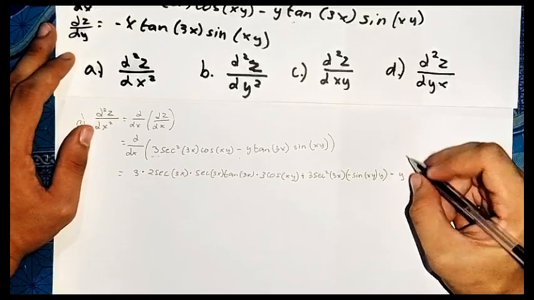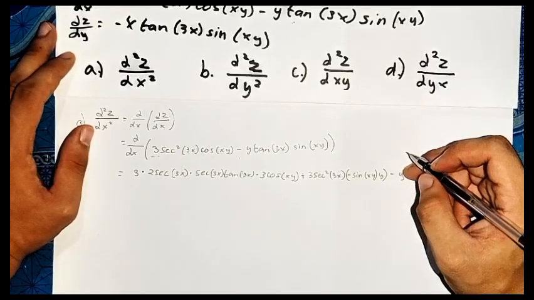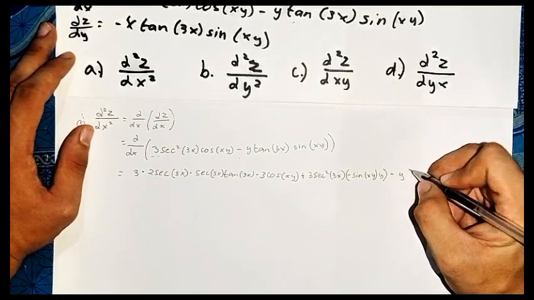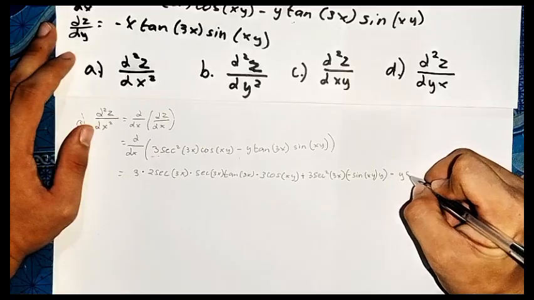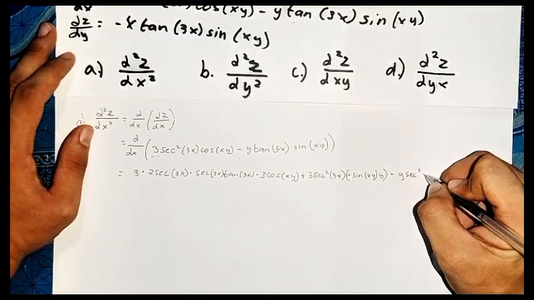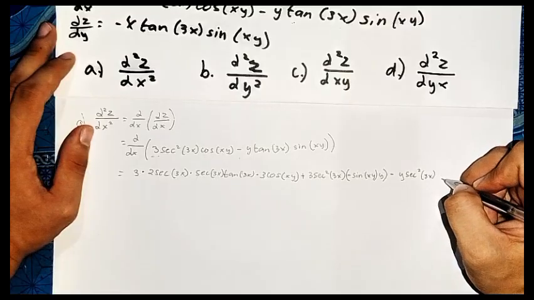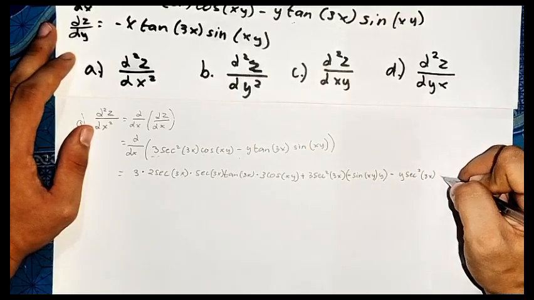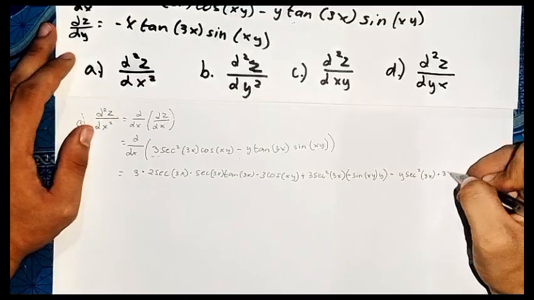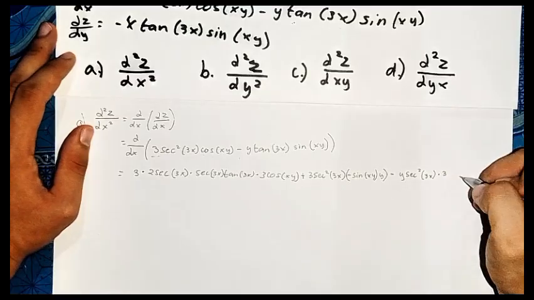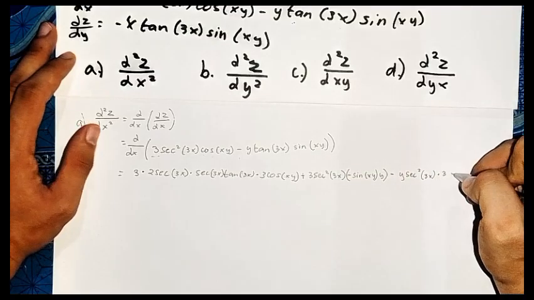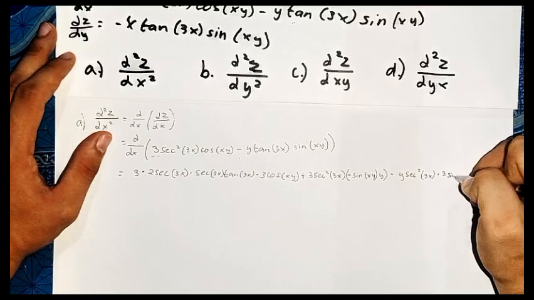Derivative of tangent 3x is secant squared 3x. Copy the, derivative of 3x with respect to x is 3. Now, copy sine xy. Sine xy.